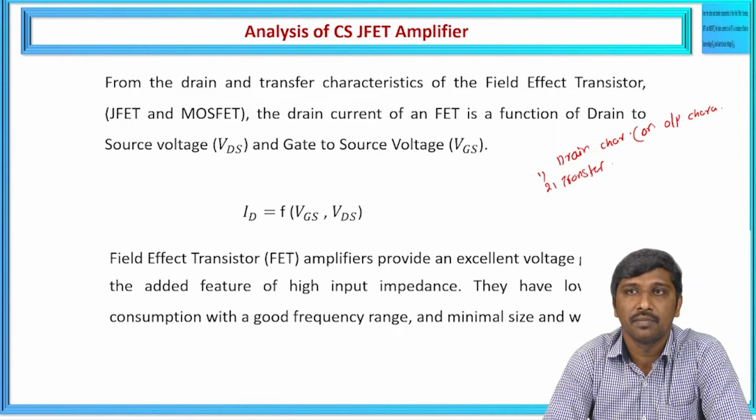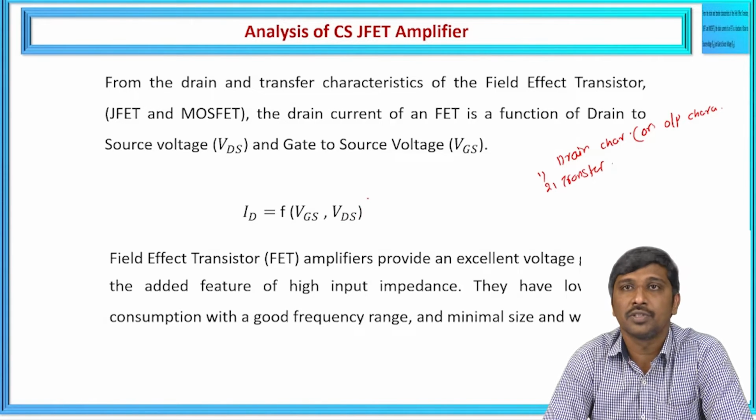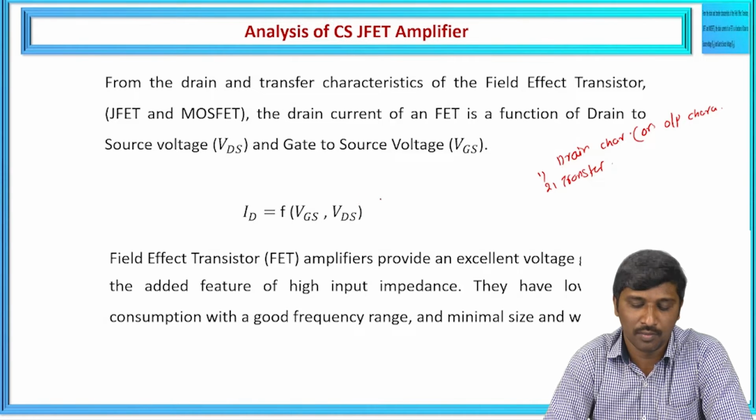Based on these parameters, now we are going to observe how we can design the JFET to act as an amplifier in the common source configuration by using the small signal model.